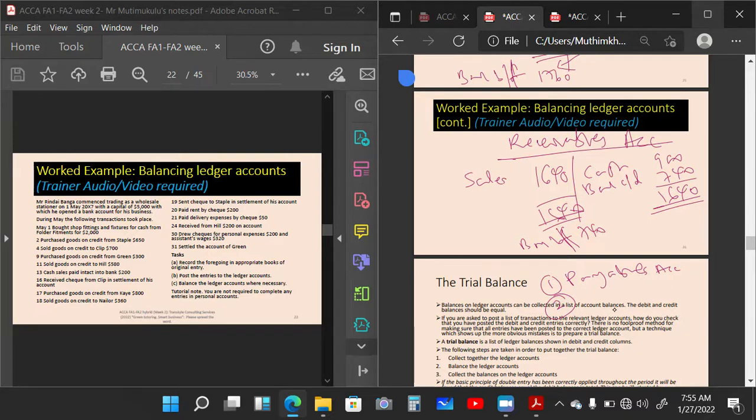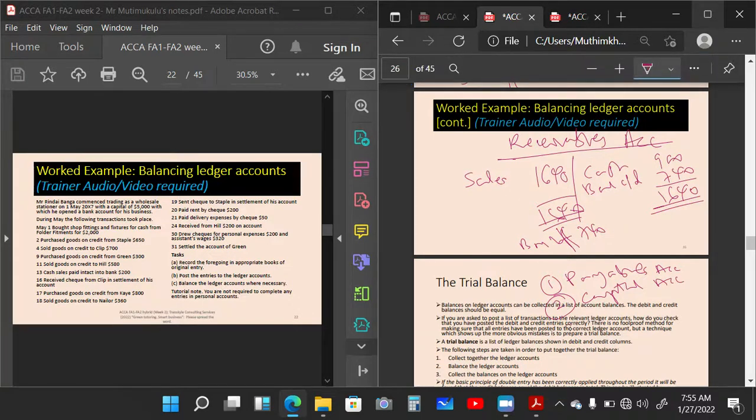Including the assignment in the slides, I want you to show me these ones. Payables account. I want you to show me the capital account. And number 3, the fixtures and fittings account. I want you to show me the rent account, the delivery expenses account.